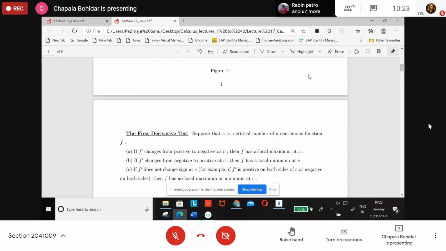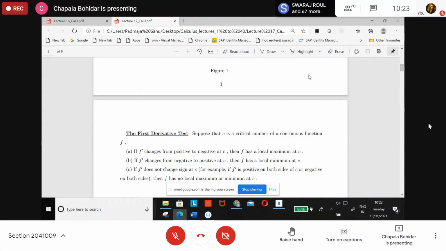First derivative test. Write down. Suppose c is a critical number of a continuous function f. The function must be continuous.